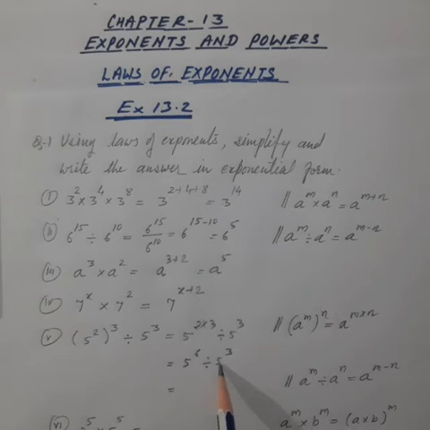Now here two numbers with the same bases are divided. We know that to divide two numbers with the same bases, the base is kept the same and powers are subtracted. So keep the base the same and subtract the powers. 5 to the power 3, 5 cube.